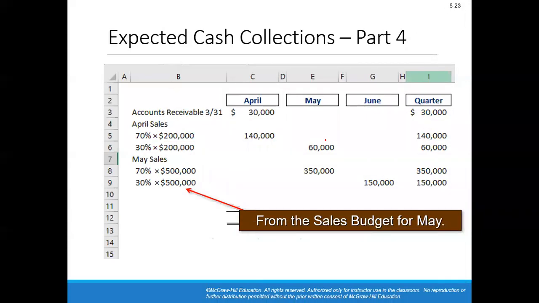And now if we complete it for May, as you have already mentioned, it should be 350,000, but we have made sales of 500,000 in this month. So we still have an accounts receivable amount of 150,000 to be collected in the month of June. So it is here. Now in this way, you have to complete all the months. And if you make a total of all of this, you'll see the quarterly figure.